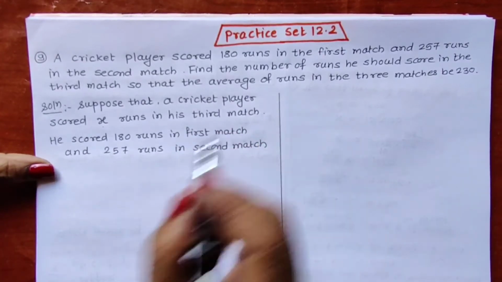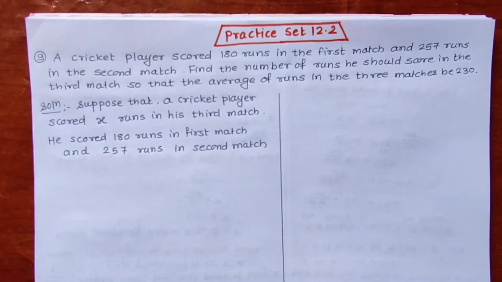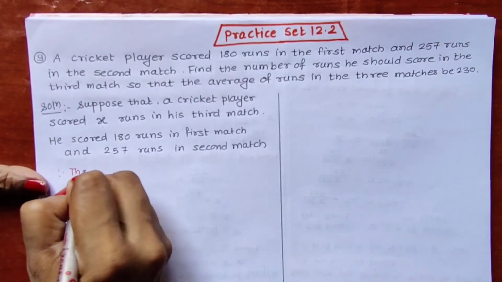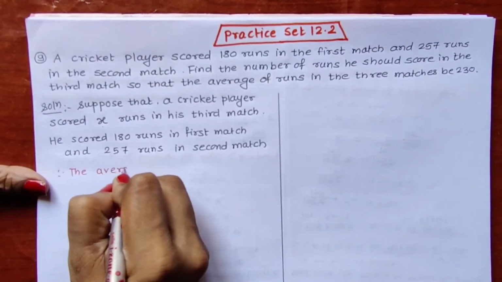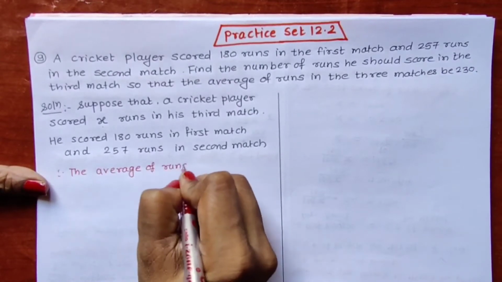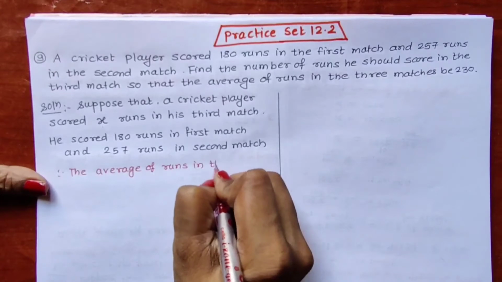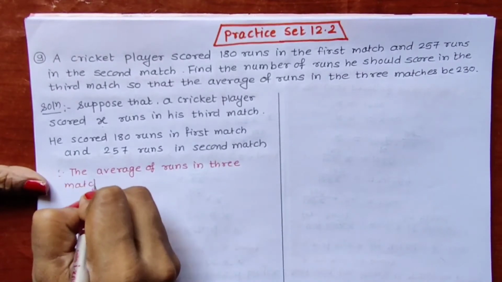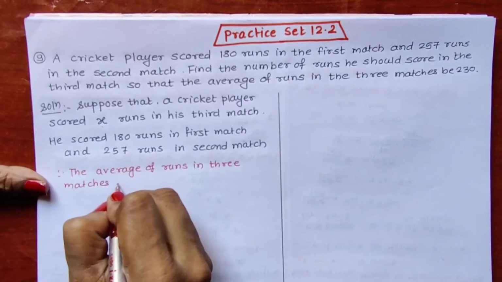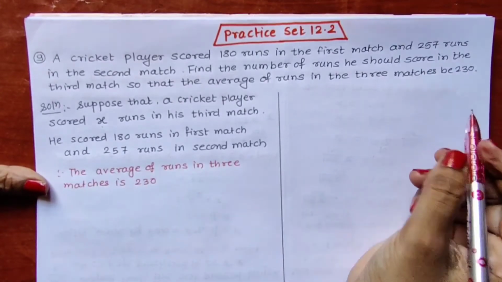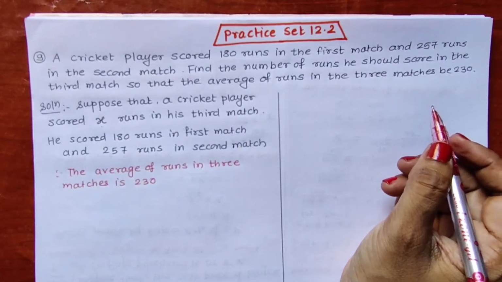Now we have been given the average of runs also, so we will write here the average of runs in 3 matches is equal to 230, it is given to us. Now see children, we all know what we mean by average.